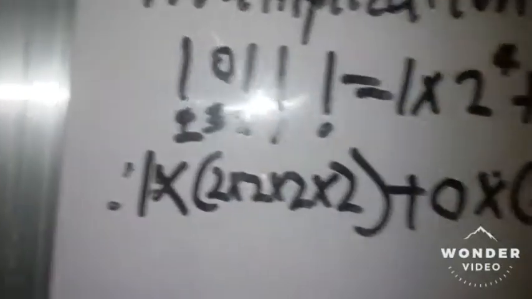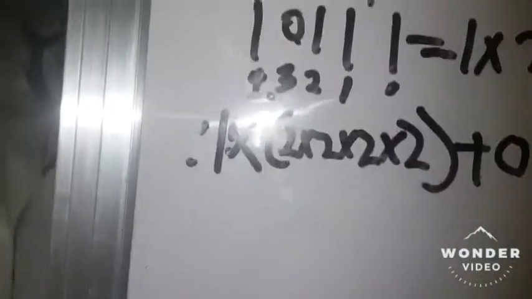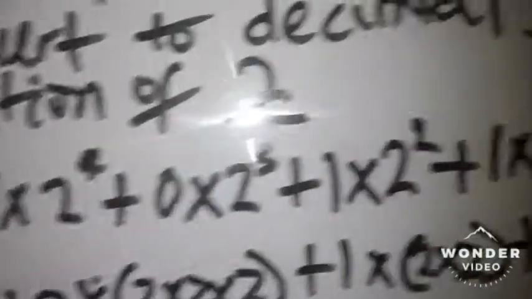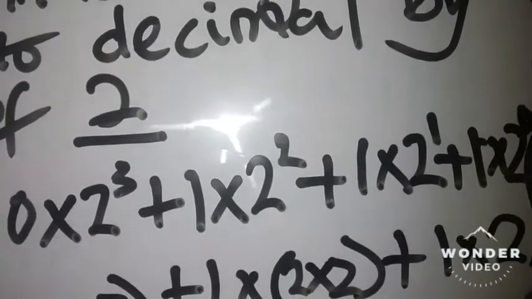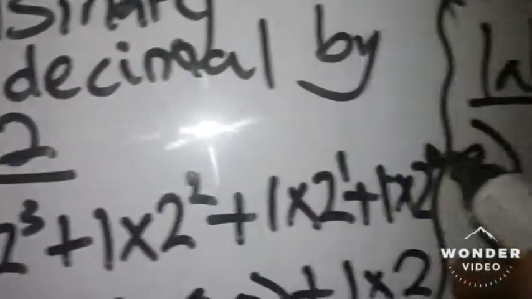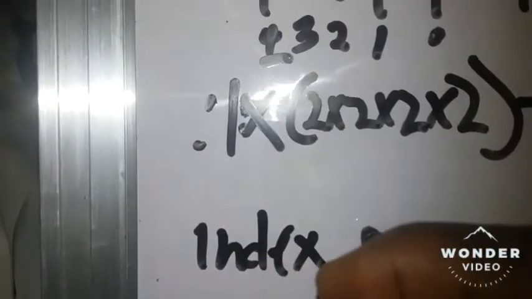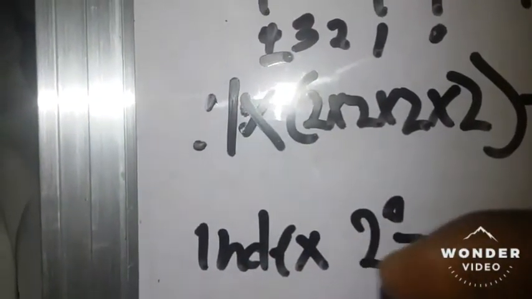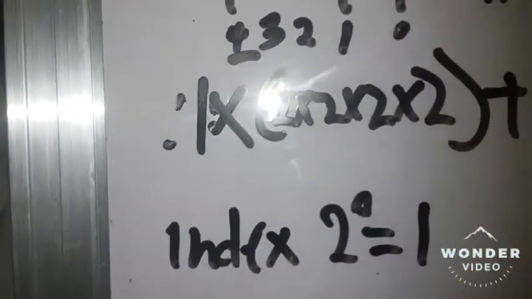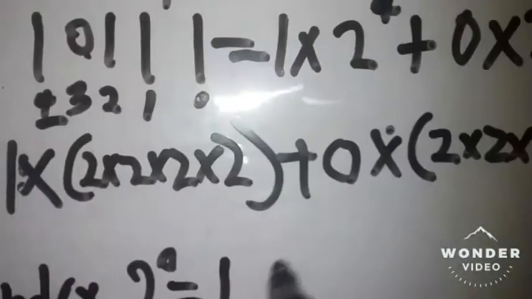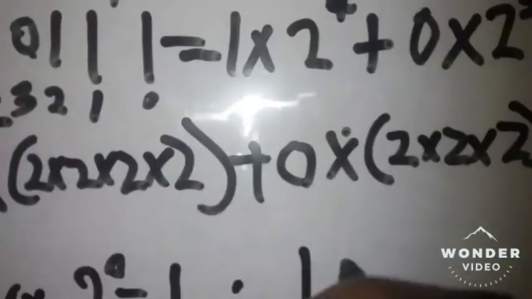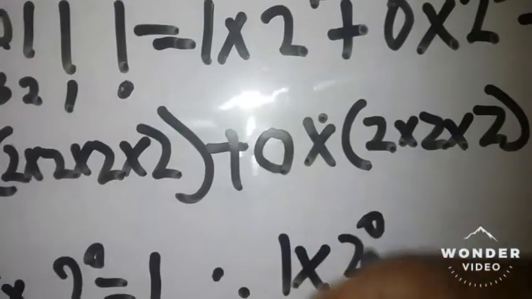Then plus, we have the last number here, 1 times 2 raised to power 0. In decimal, anything raised to power 0 is always 1. So in this case, we have 1 times 2 raised to power 0.